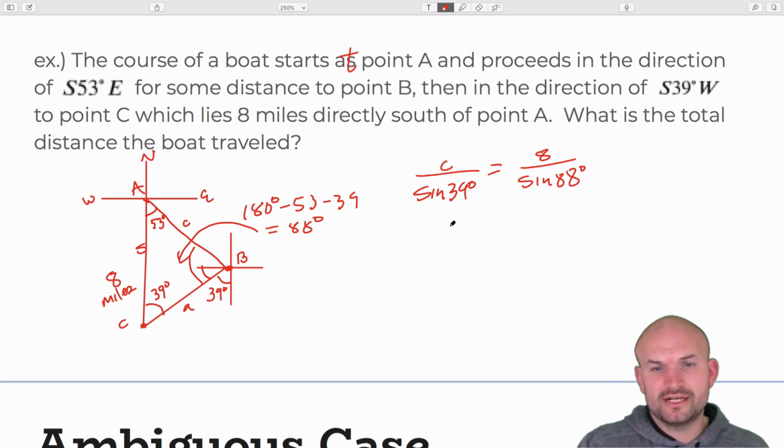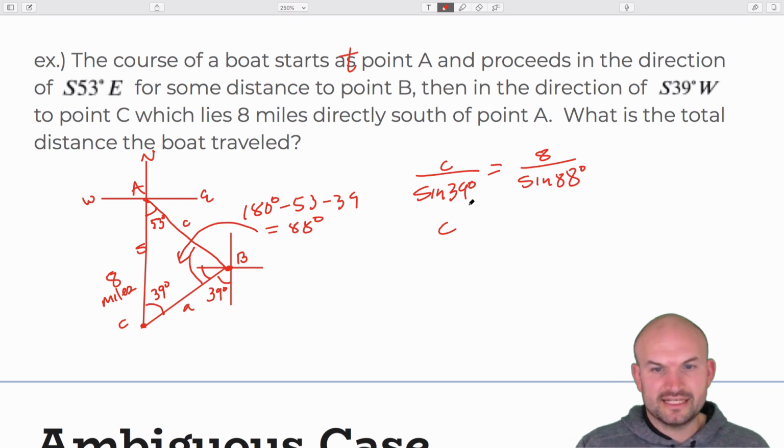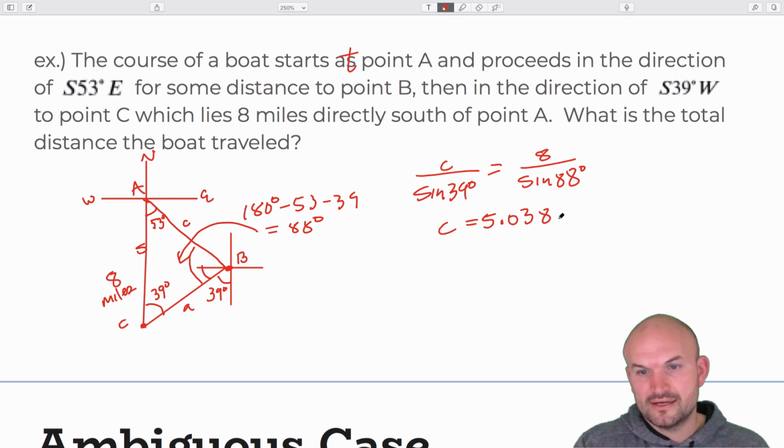Now we'll multiply by the sine of 39 on both sides. So I'll do 8 times the sine of 39 degrees, and then divide that by the sine of 88. And that's going to give me 5.038. Remember, that's in miles.